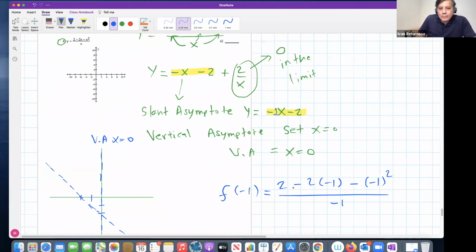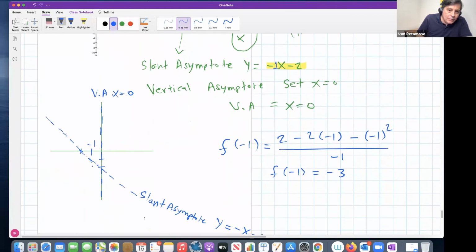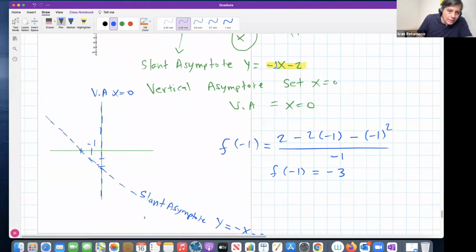This is positive 2, 4, minus 1, 3, minus 3, right? f at minus 1 is minus 3. Very good. Now, this minus 3 shows that this minus 1 should be paired up with something down here, 1, 2, 3, minus 3. So I'm talking about a point down here.